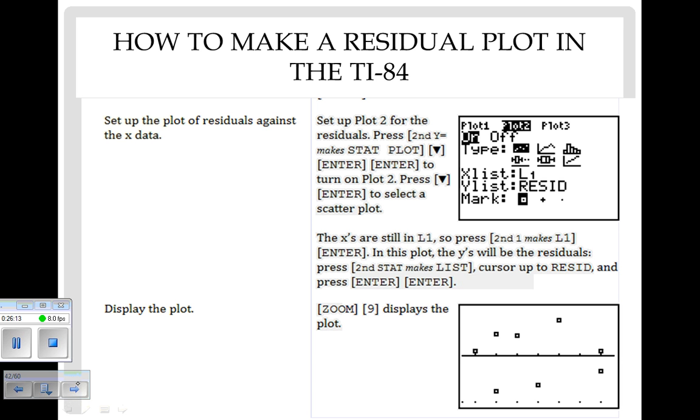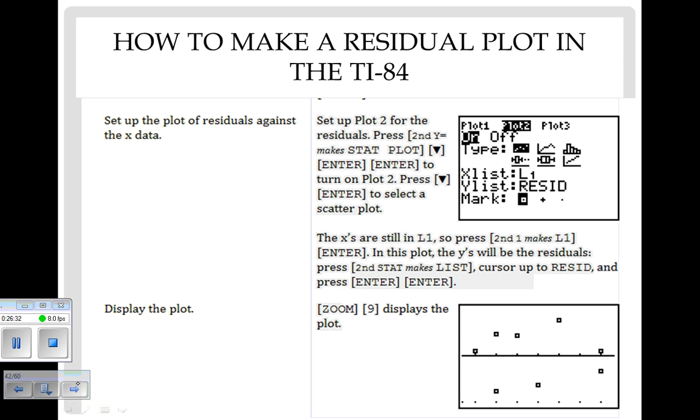All right, so how to make a residual plot on your TI-84. Set up the plot of the residuals against the X data. So put those in. Then you can go to your stat plot and hit enter.